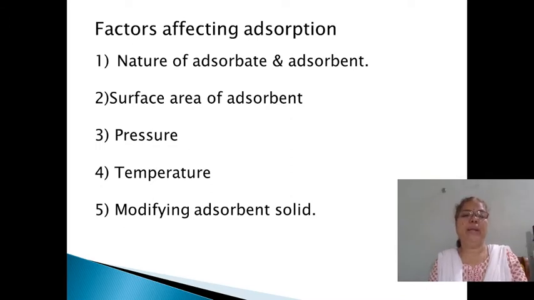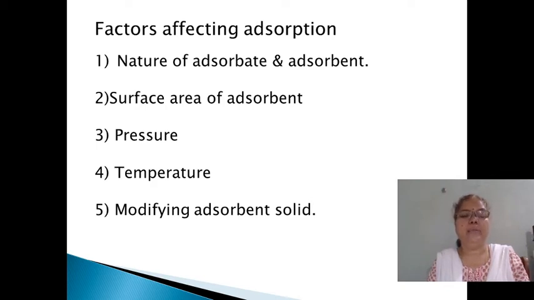Then the fourth factor is the temperature, and remember that there is an inverse proportion between temperature and the rate of adsorption. That means decrease in temperature increases the rate of adsorption, and increase in temperature decreases the rate of adsorption.